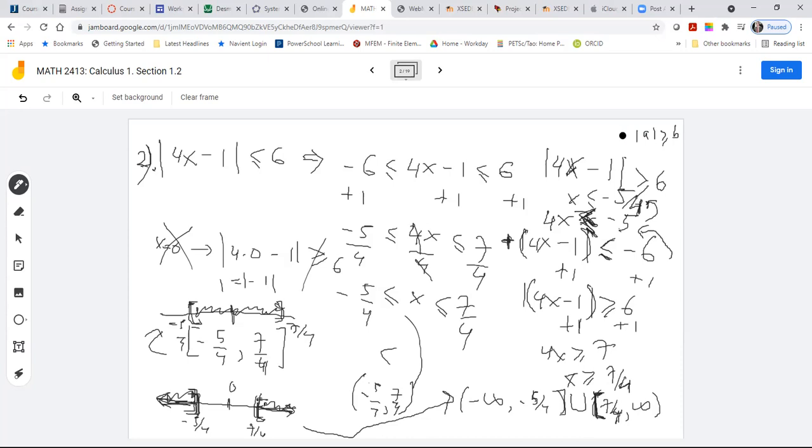So this is the same as A less than or equal to -B, or A greater than B. Okay. So you can see here, in this case, the A is 4x minus 1, right?